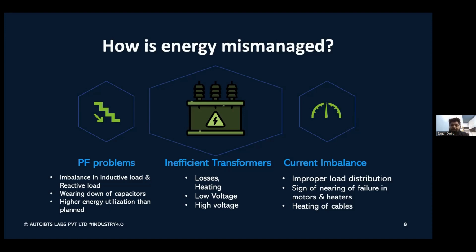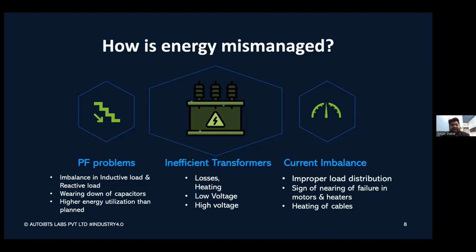Now my cables will also start heating, and with heat there will be a lot of resistance. Again, I'm wasting my energy in generating heat and reducing the efficiency of the motor. Over due course of time, if there is higher current on one phase, the motor is about to fail. So by monitoring current imbalance, you will be able to tell when things are going to fail.